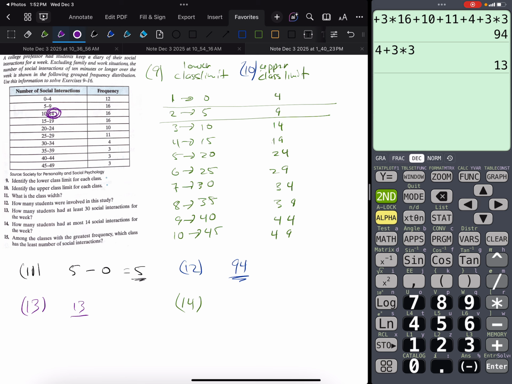And it's the upper end of a class. And so I can literally just draw a line right here and say, at most 14, well, it would be everybody below that is what I'm interested in. And so it'll be 16 plus 16 plus 12. And what's that going to be? 44.